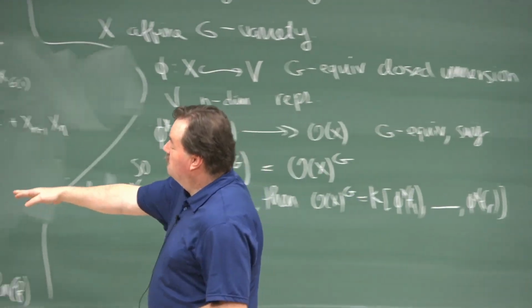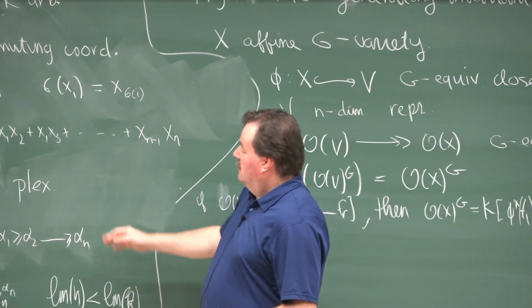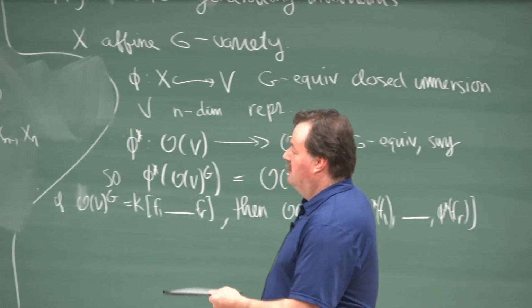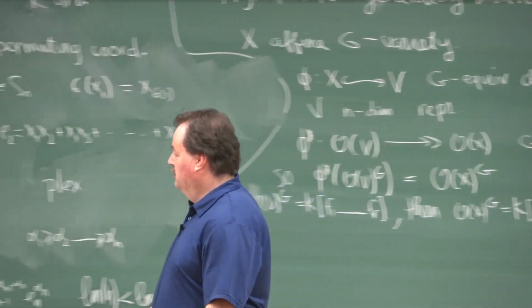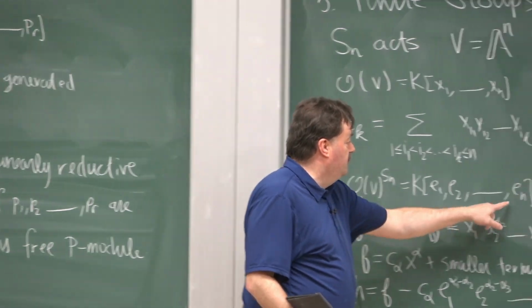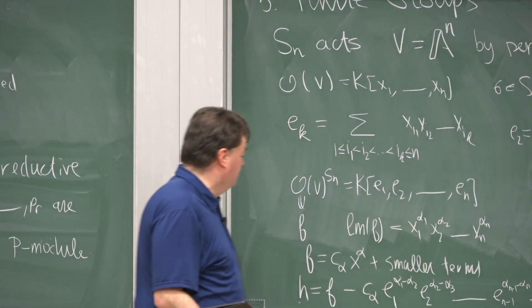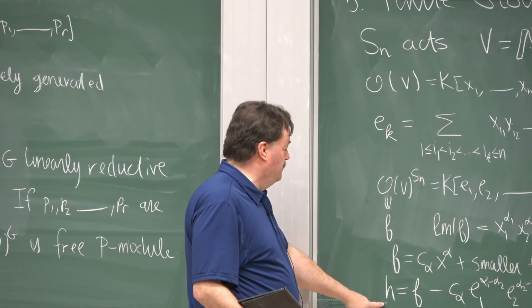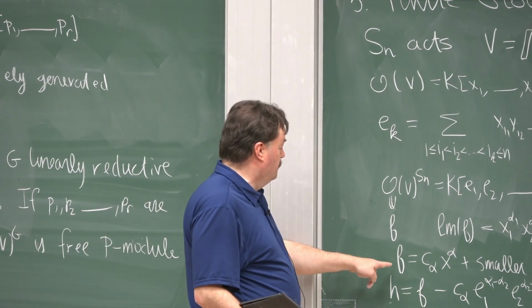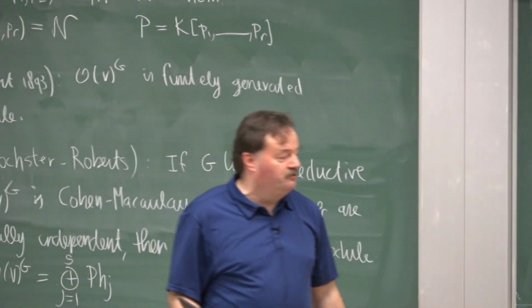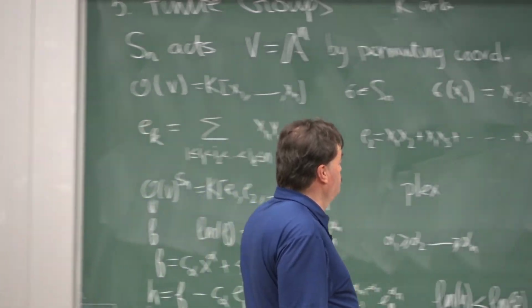Now this pure lexicographic ordering is a total ordering, it's also a well ordering. And so by induction, we can assume we can express h in E1 up to En, but if we can do that for h, then we can also express f in terms of E1 up to En. So that would be the proof. But this is also an algorithm, right?